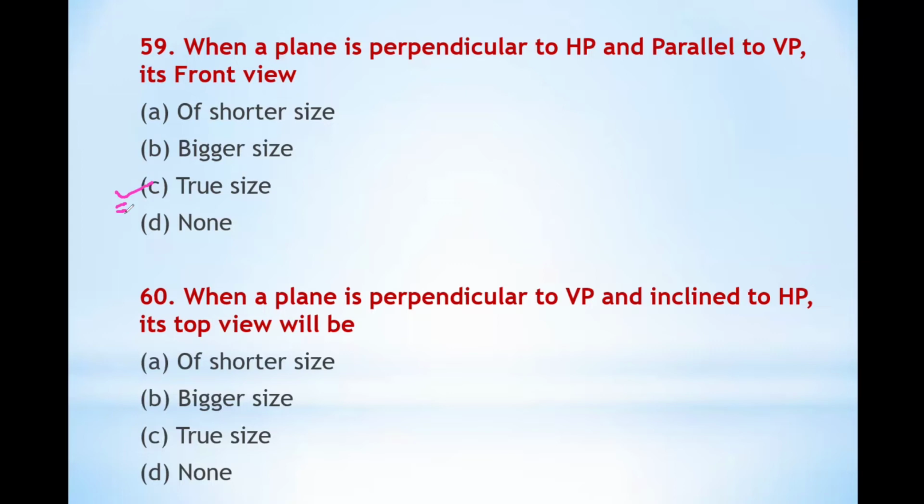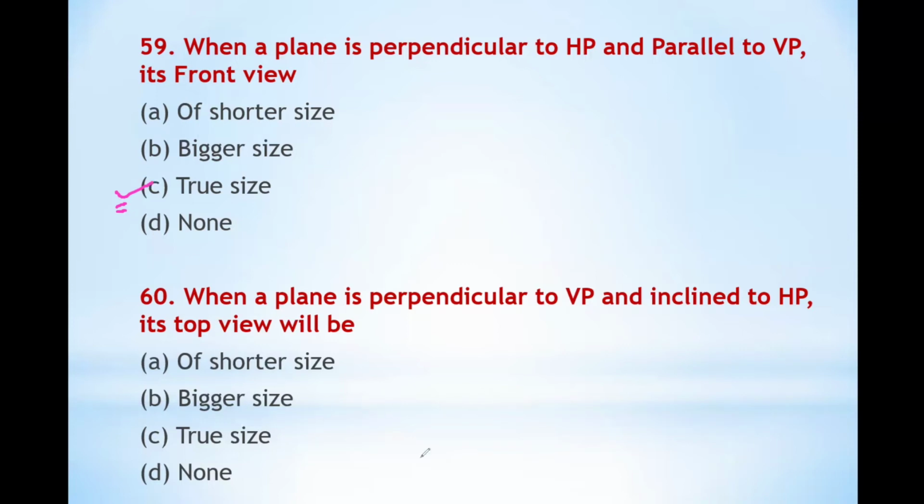So how will its top view be? Here are the different options: shorter size, bigger size, true size, and none of these. Here we need to imagine, because this plane is making an angle with respect to the HP. So how will we get it in the front view?